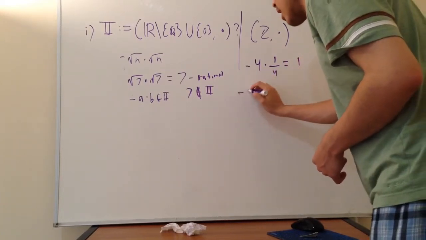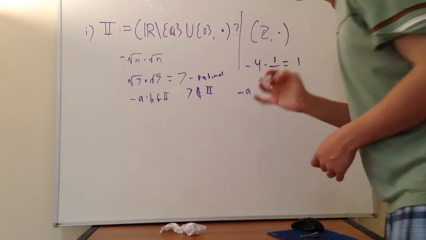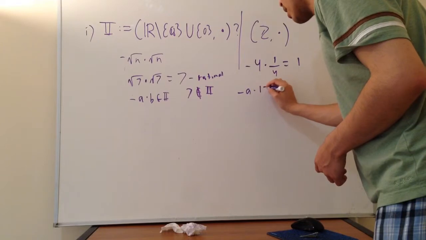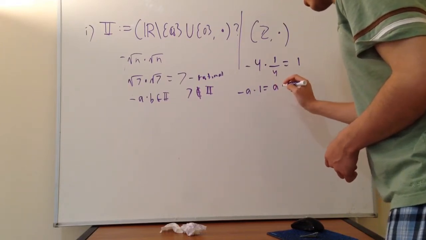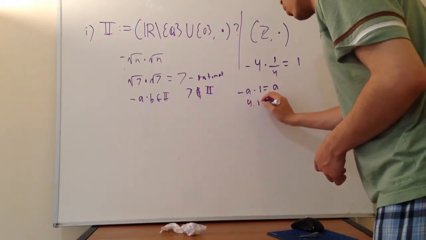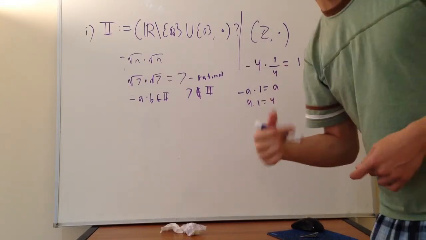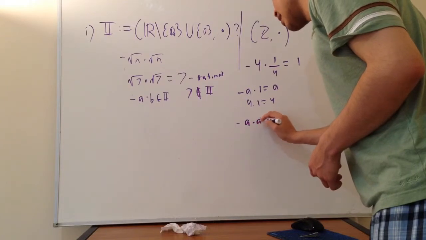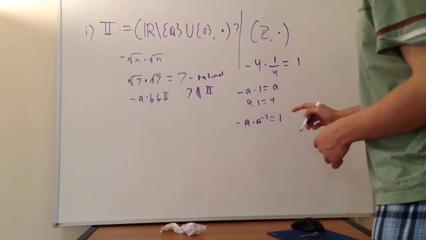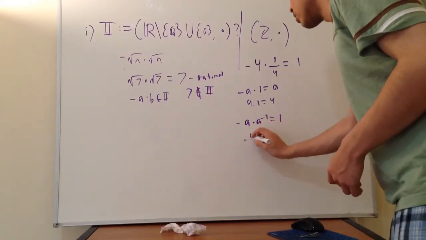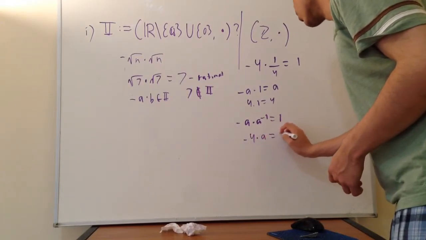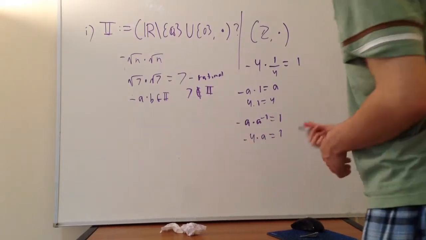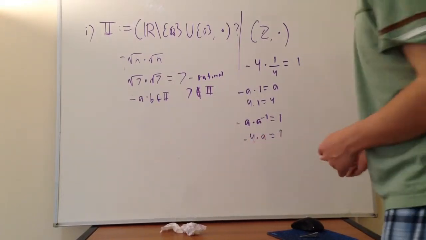Remember, we said that for the multiplicative identity e, a times 1 has to equal a, and we know that 4 times 1 is equal to 4. But we also have to have inverses, so a times a inverse is equal to 1. So essentially we need 4 times a equal to 1, and a has to be an integer in order for every element, or at least for 4, to have an inverse.